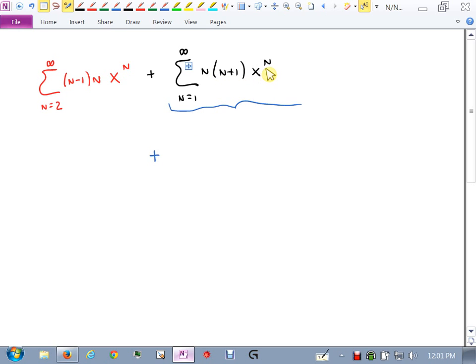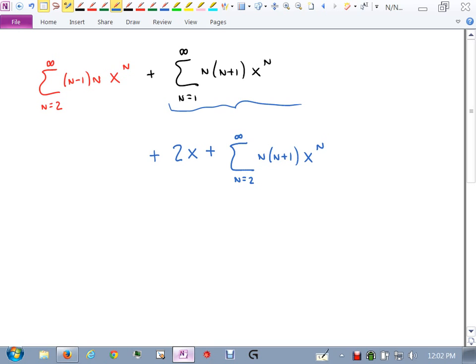2x to the first power. So this is 2x, right? Plus, now I would let n be 2, and then 3, and then 4, and 5, right? So couldn't I write all the rest of them like this? What have I done, really? I've just peeled the first one off, right?